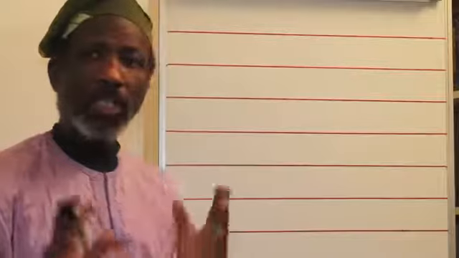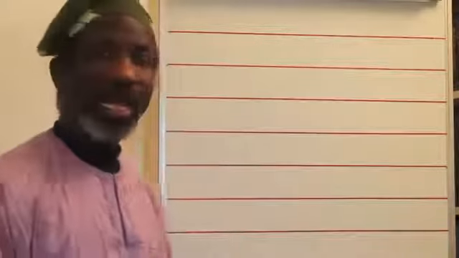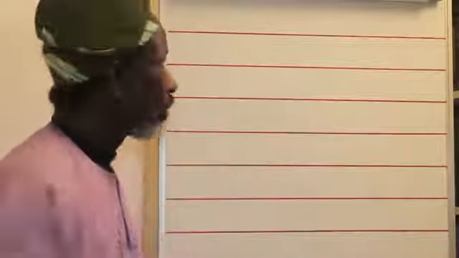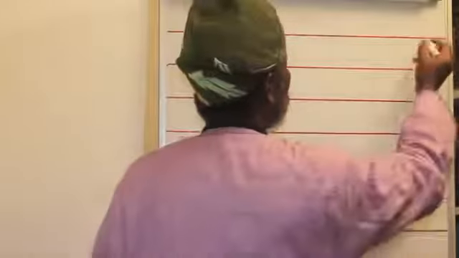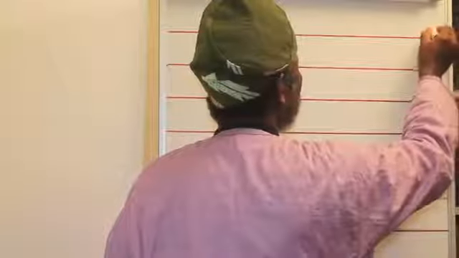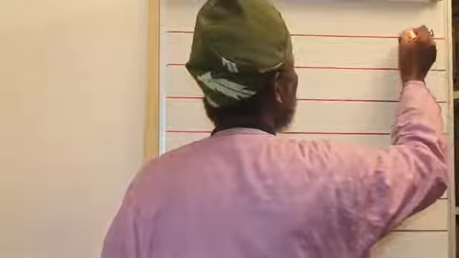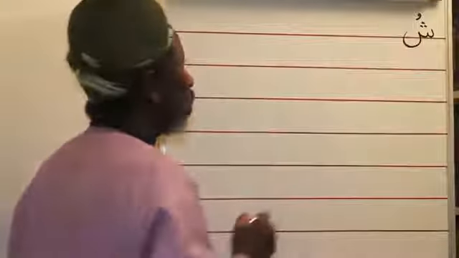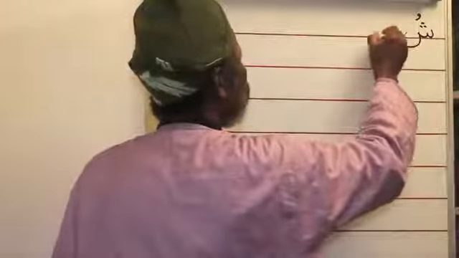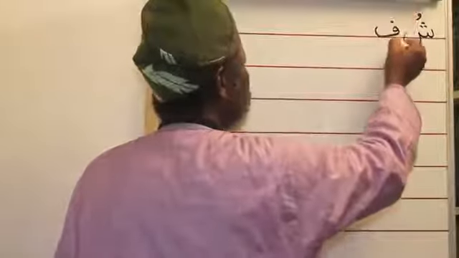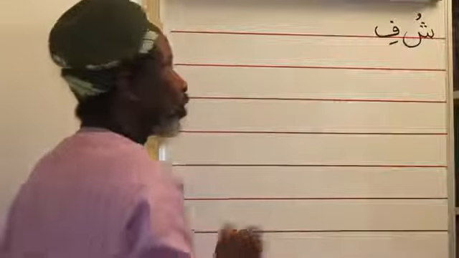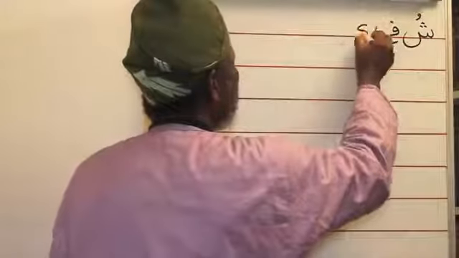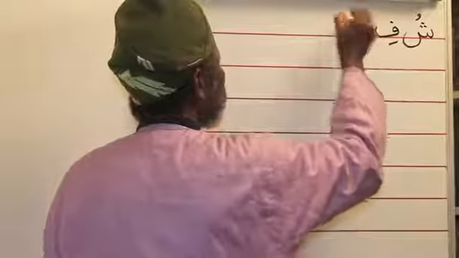We start on page 34 with letter Shin. Shin, the beginning, a Shin with Dhamma becomes Shu. Fa, with Kesra, Fi. Shu, fi, and then Ya, Fatha, Shufiya.